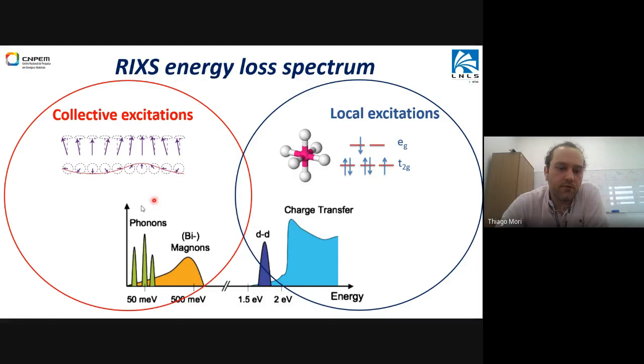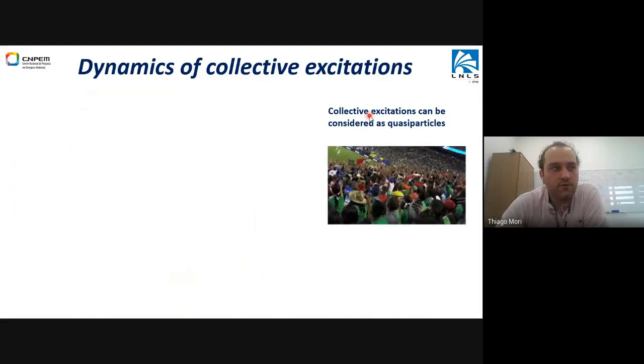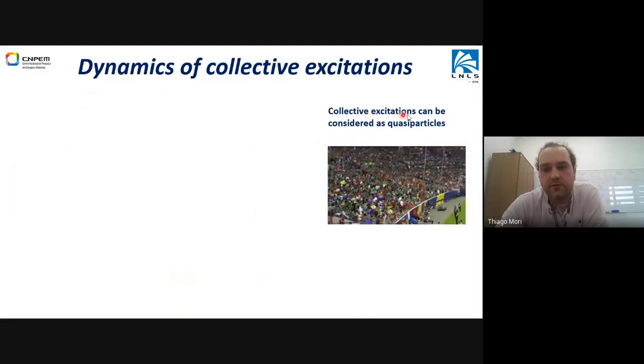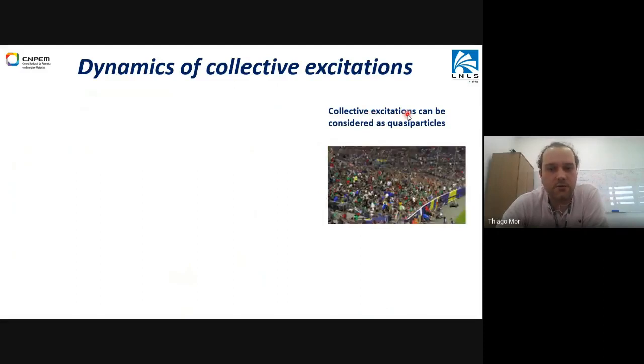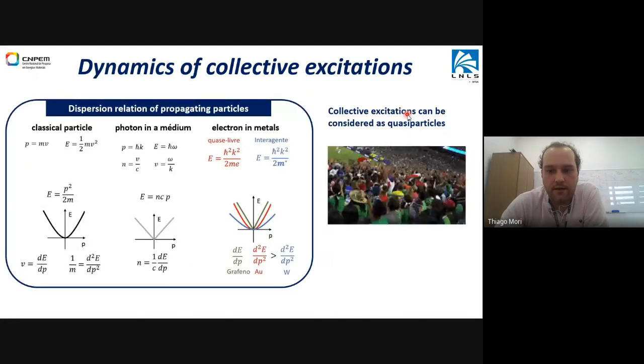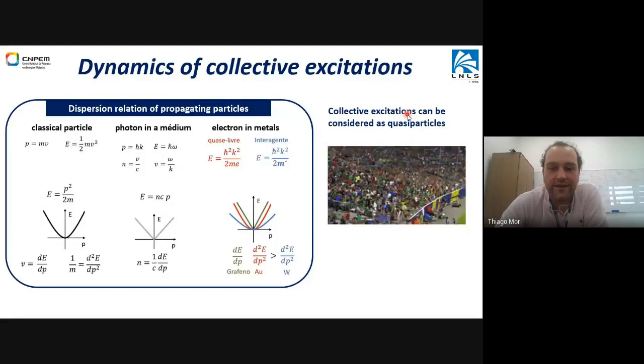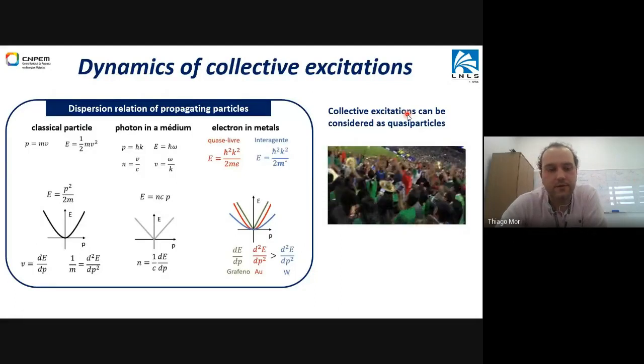And if we go to milli electron volts, we can see these collective excitations, such as phonons and magnons. Well, you know that collective excitations can be considered as quasi-particles, in the sense that they have momentum and then they propagate along the material.